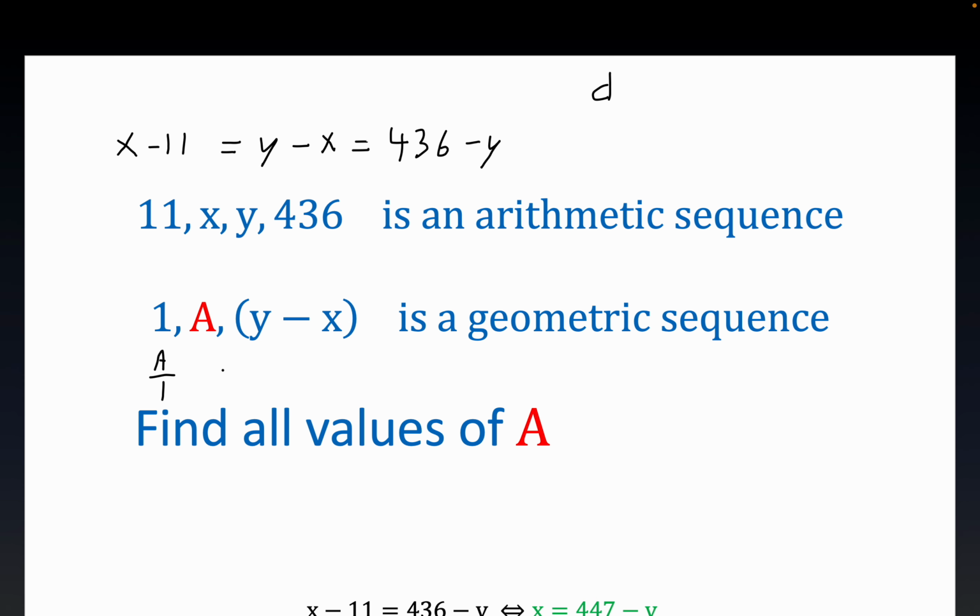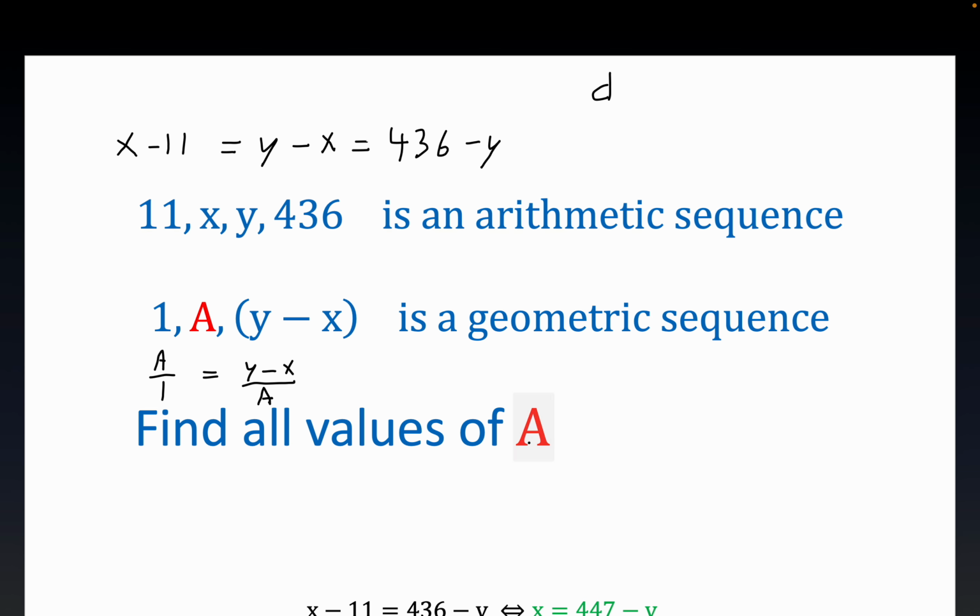And then we also have y minus x over a. So in the same sense that these guys up here have to be equal with respect to addition and subtraction, these have to be equal with respect to multiplication. Okay, so this is the structure that makes this work out nicely.